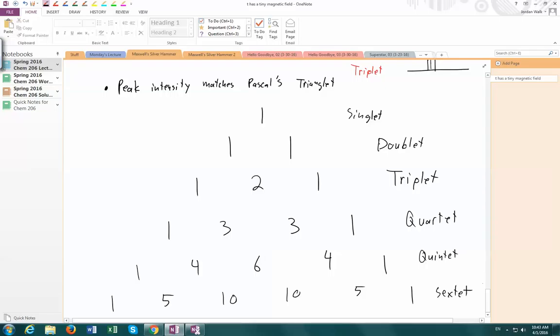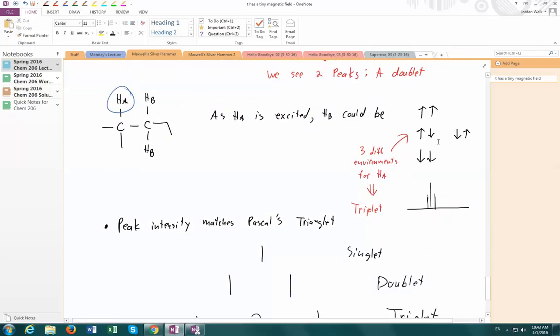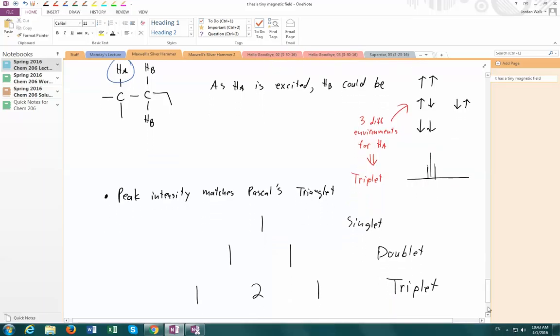So ultimately, for a sextet, we know we're going to see 6 different peaks, and the area of each of those specific peaks is going to correspond to however Pascal's triangle works out. Because ultimately, what that does is it corresponds to the number of possible environments and then the overlaps between those environments. So, signal splitting.